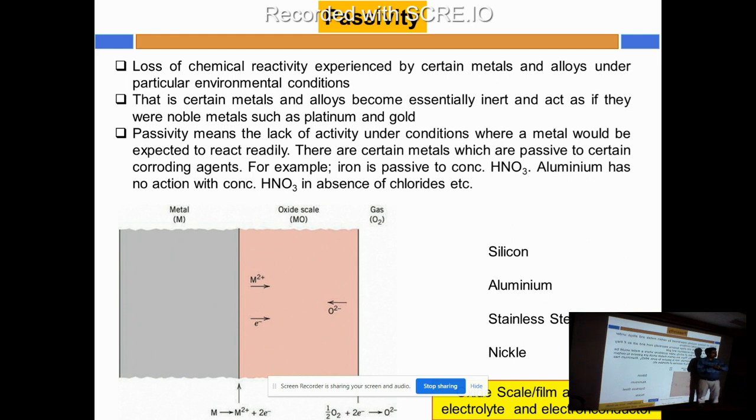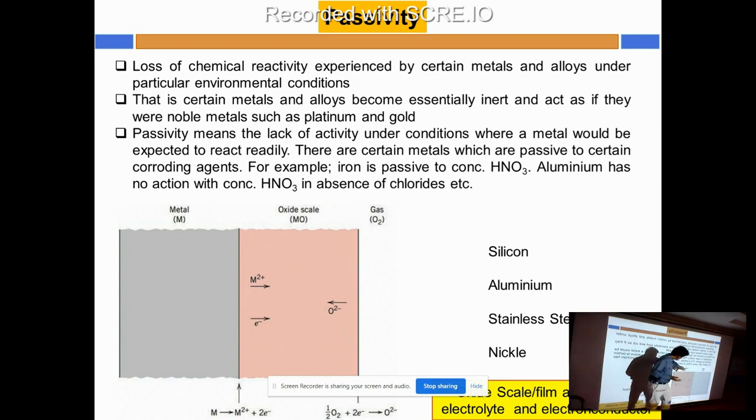That's why we use aluminum foils for food packets. We go to the railway station or wherever, and the packets are packed with aluminum foil. Why is aluminum foil used for food packing? Because aluminum will form an aluminum oxide layer, a completely transparent oxide layer.